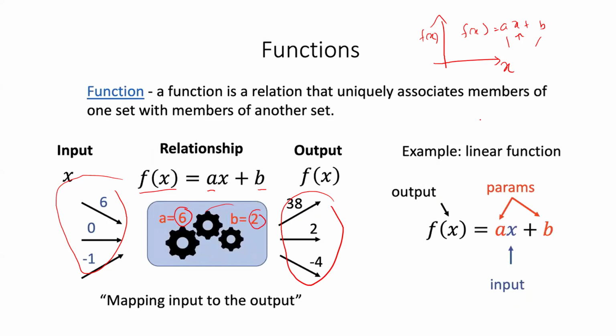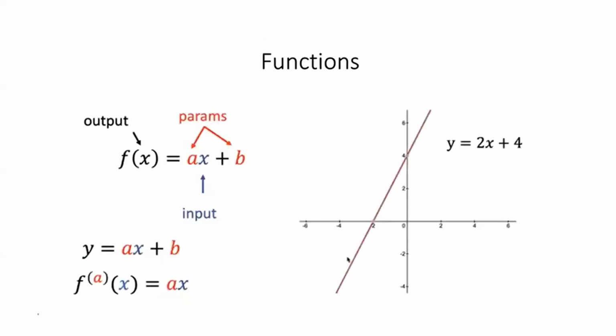So in a linear function, your output f of x is ax plus b, where a and b are the parameters and x is the input.